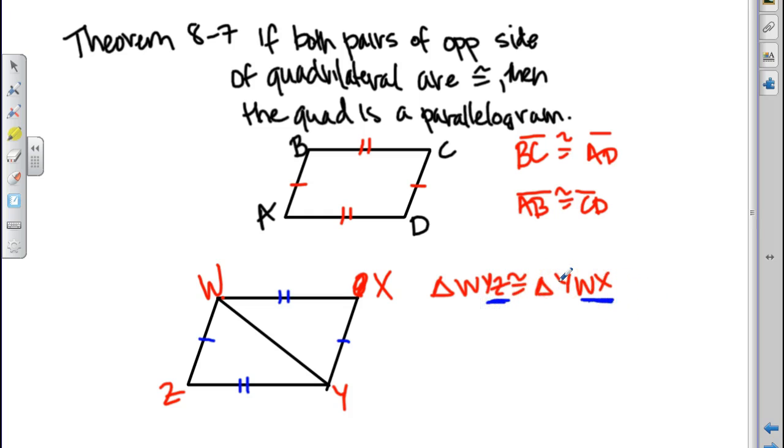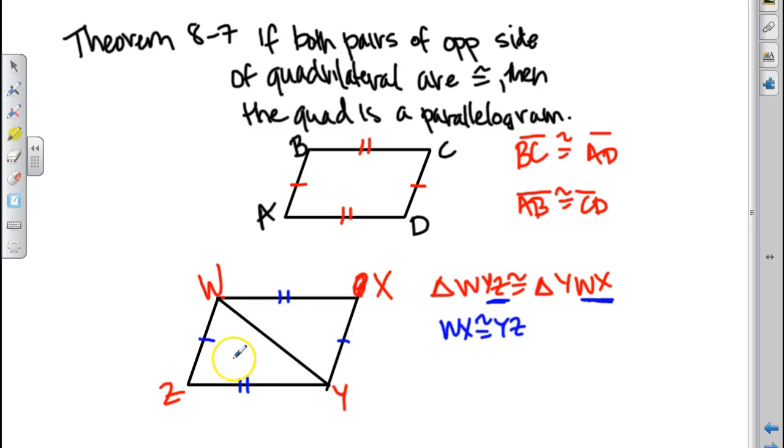Remember when we did corresponding parts of congruent triangles are congruent, once we write the triangles like this, it tells us what sides are congruent and what angles are congruent. So WY goes with WY, YZ with WX, and then WZ with YX. So we see that WX is congruent to YZ, which is what we wanted.